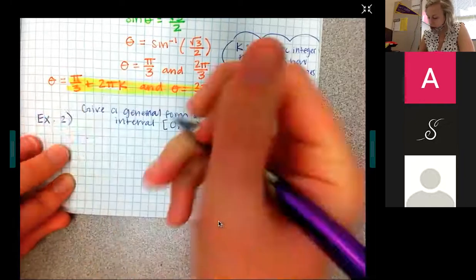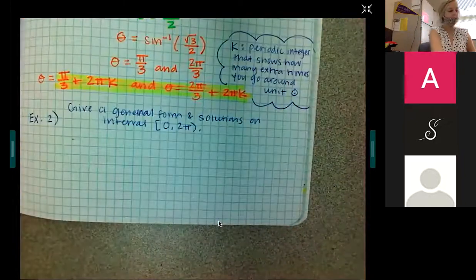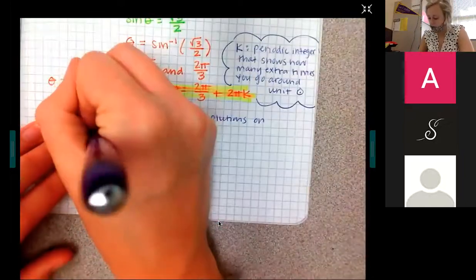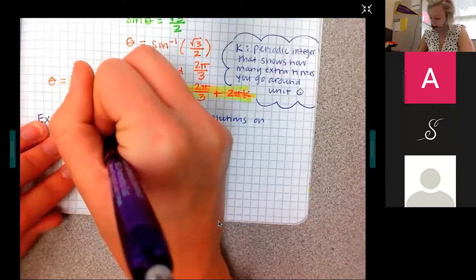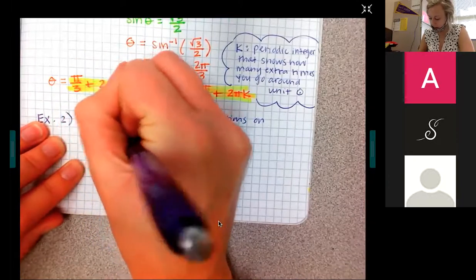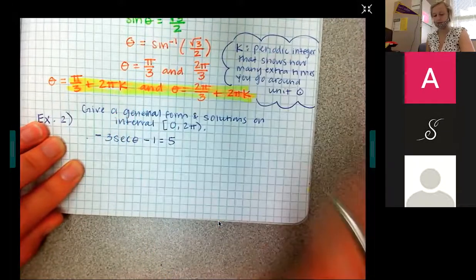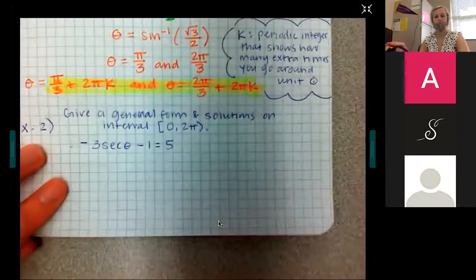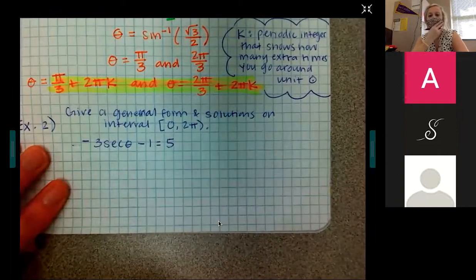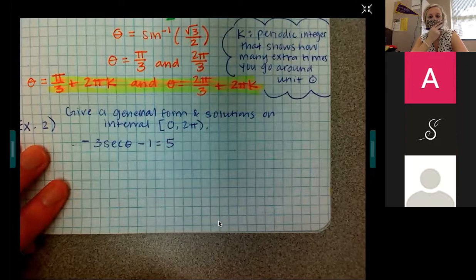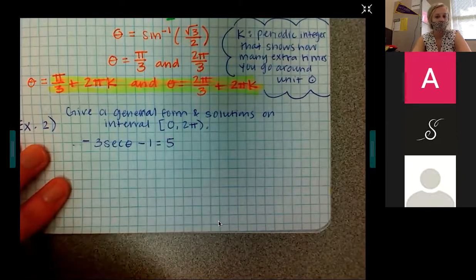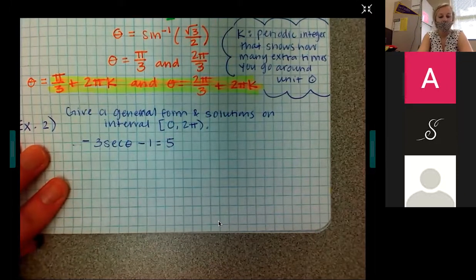Then we're going to solve, my pen's not working. Okay. We're going to solve for -3 secant theta minus 1 equals 5. All right, so remember for these, you are solving.